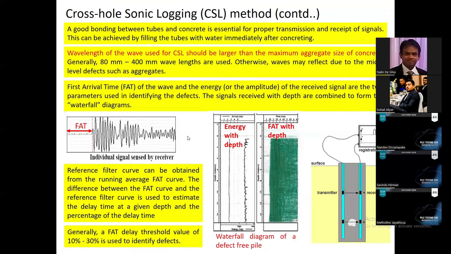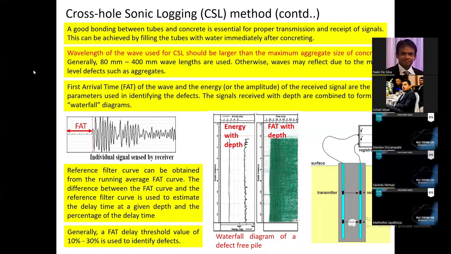This is what is measured by the data recording system, which records the wave arrival. The transmitter sends the wave and the receiver detects it, so there is a time gap, right? It is called the first arrival time, FAT. If there is a defect, the arrival time will be affected.